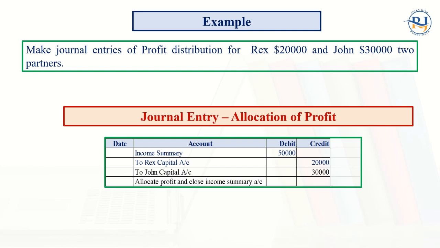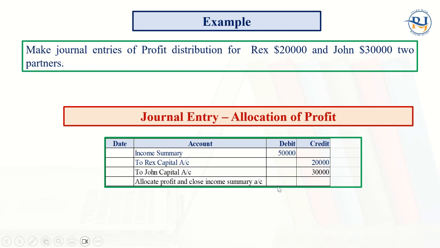So let's make a journal entry of the profit distribution for Rex 20,000 and John 30,000, the two partners. Here the journal entry with the help of the first method will be: income statement, meaning the profit that we have earned during the period, 50,000, to Rex capital 20,000, to John capital 30,000, allocated the profit and close the income summary account.